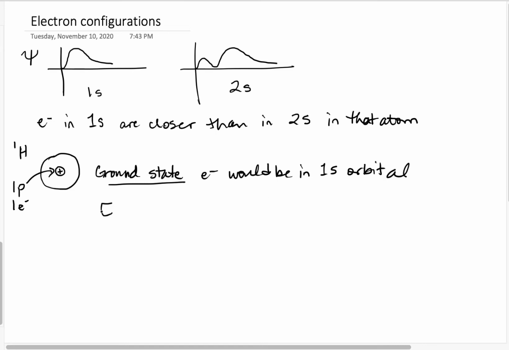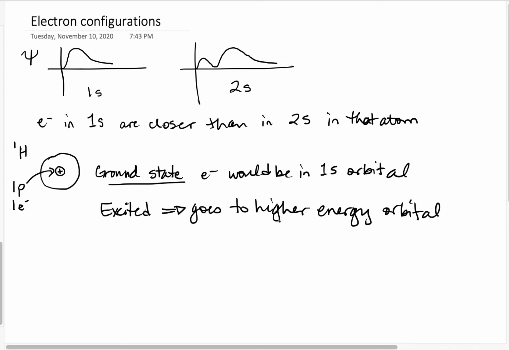If it gets excited, then it goes to a higher, higher energy orbital. And if it relaxes, then it goes from a higher to a lower energy orbital.